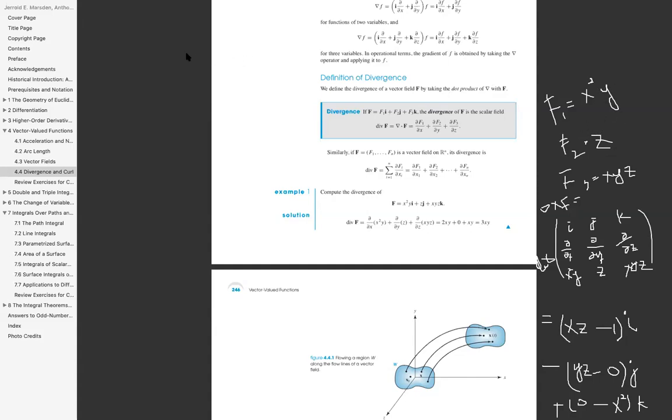Let's say your F2 doesn't have anything on z, so it's another function of xy. Let's say xy squared, and use another color.